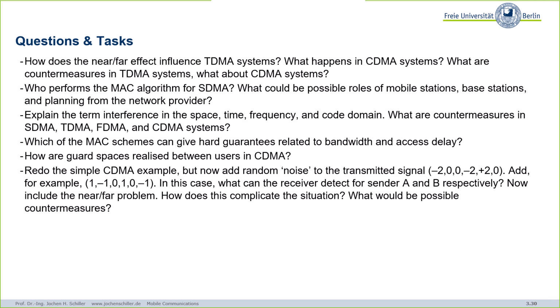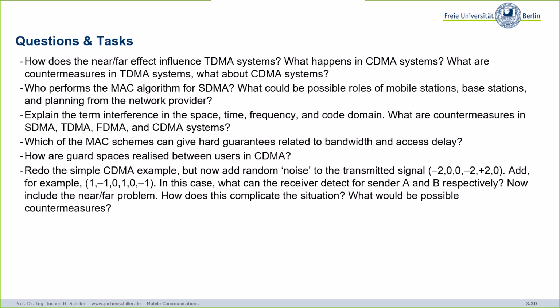If you're further away, the signals need more time. So to be in sync with a certain pattern of time slots, you have to send either earlier or later in time. I will come back to this when we discuss GSM. So that's a problem in TDMA systems.